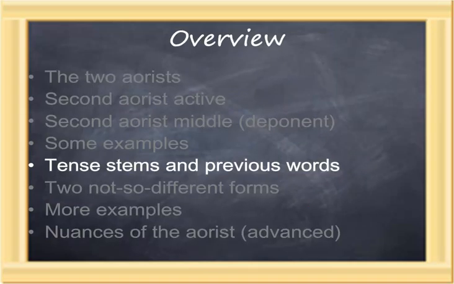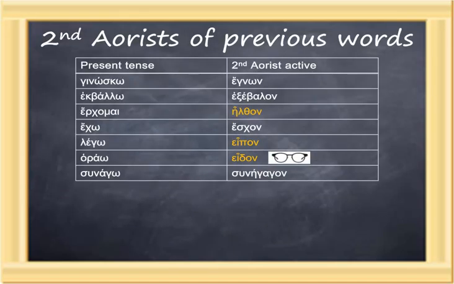As hinted at with the discussion of elthon, certain tense stems that we had previously in the present, we now need to see what their second aorist form is. Again, some words are first aorists, others take second aorists. The examples we'll look at are second aorists. They, of course, don't have first aorist forms. Listed here in the first column are the first person singular present active indicative of verbs you've already had in the course.